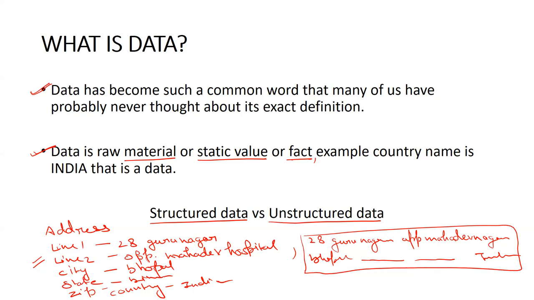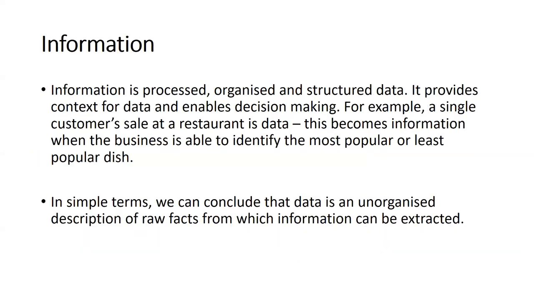Right, guys? So let's understand what the differences are, and what is information and what are the other things. So first, we have to understand information. Now, processed data is called information. If we extract our particular info, what we are trying to get from the data, then it is called information.